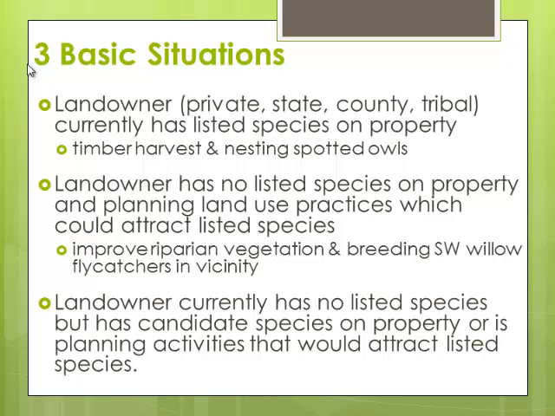Then you have another instance where a landowner has no listed species, but they want to do something that would potentially create habitat for a species that may be next door or in the area that would draw that species into their property. And then a third scenario is a landowner currently has no listed species, but actually has a candidate species that could become listed. And so we have Section 10 tools to deal with all of these scenarios.